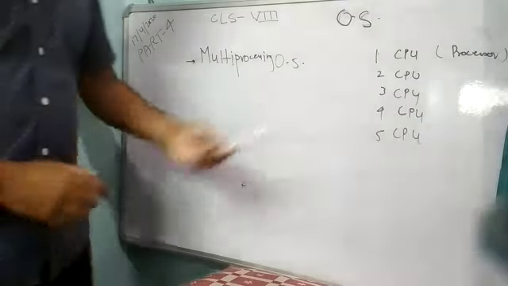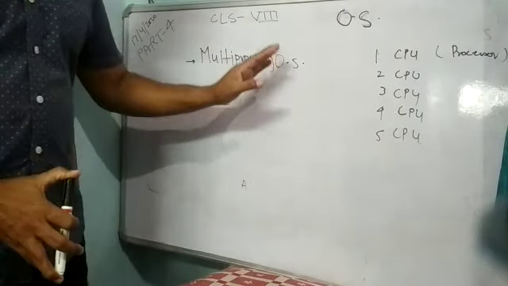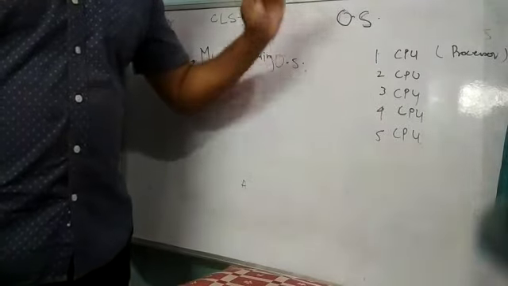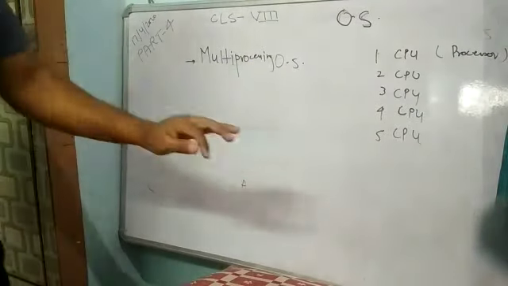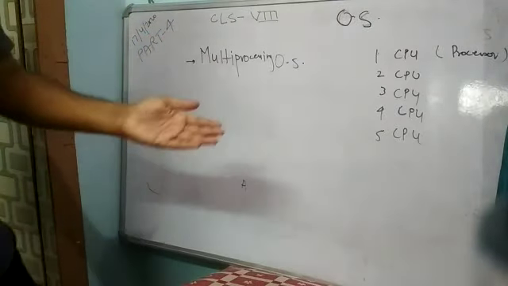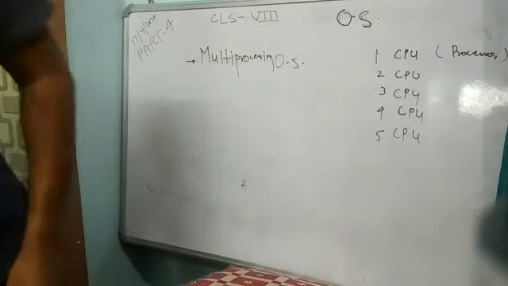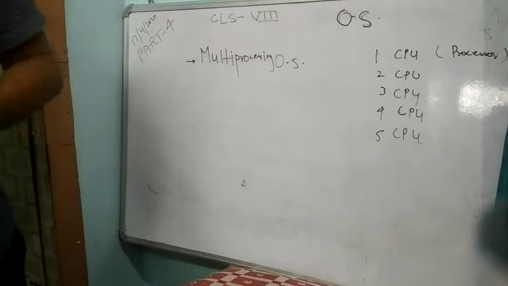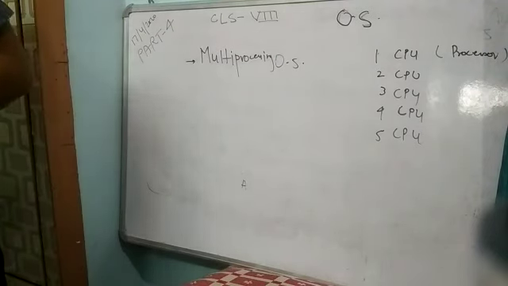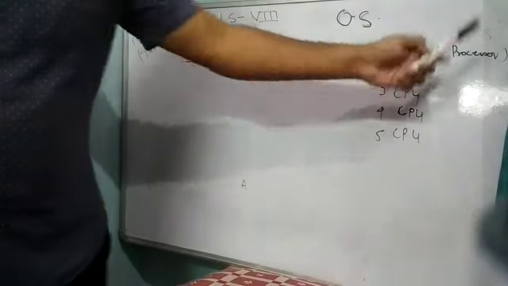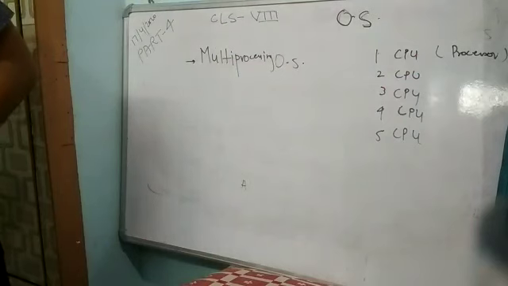So the operating system which allows sharing multiple processors on a single computer is called a multi-processing operating system. The technical definition: a multi-processing operating system is capable of handling more than one CPU, meaning more than one processor.